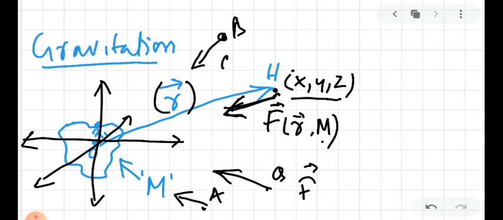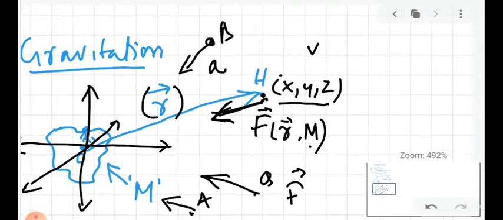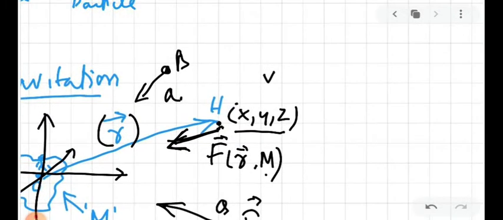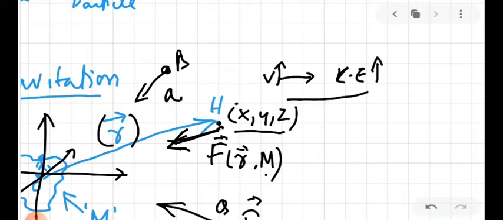It starts to accelerate. When it accelerates, its velocity keeps increasing, which means its kinetic energy keeps increasing. Since kinetic energy and velocity are proportional, and that too dependent on the square, kinetic energy is dependent on the square of the velocity. So as you can see, kinetic energy increases.